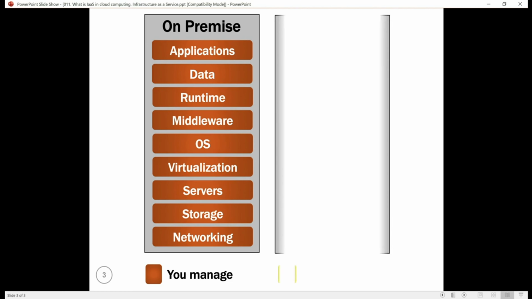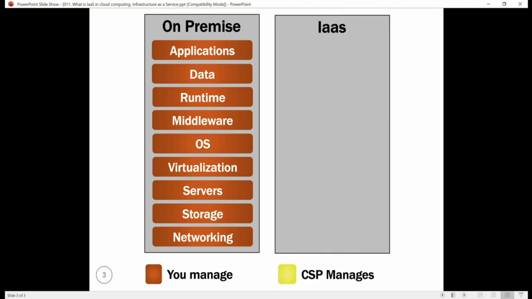Now, what is infrastructure as a service? As the name implies, with infrastructure as a service, you rent or lease IT infrastructure from a cloud service provider like Microsoft Azure, Amazon Web Services, or some other cloud service provider. To understand this better, take a look at this diagram.